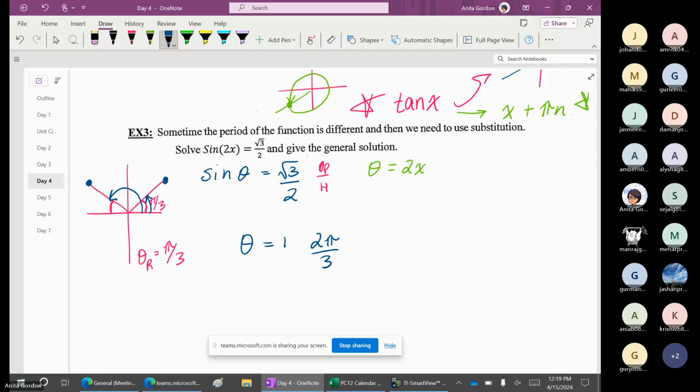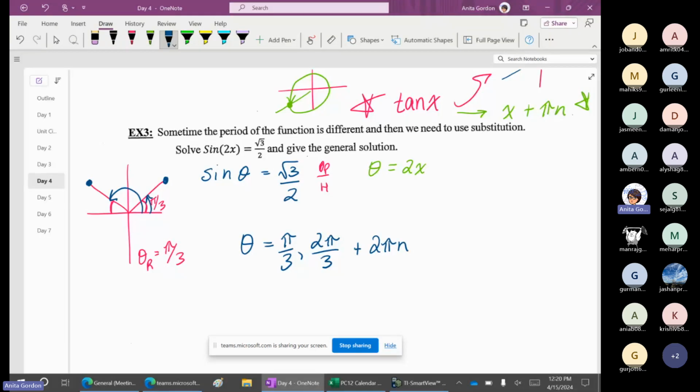Pi by 3. So my options are pi by 3 or 2 pi by 3. And if I were to write this in general solution, plus 2 pi n, where n can be any number, positive or negative. But I'm not done. This is the final solution for theta.